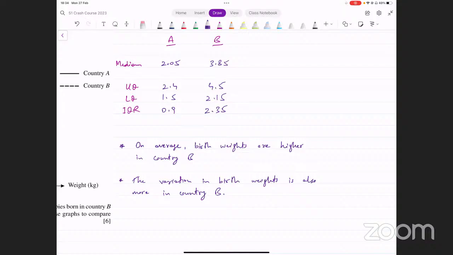These are the two statements that you could write here. All right, so on average, birth weights are higher in country B, and also the variation in birth weights is also greater in country B. Does that make sense to everyone?